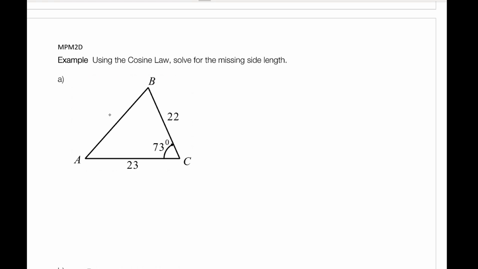So the other missing side that I'm looking for is c. It's the only side that I don't have. So I'm going to use the one cosine law formula where c squared equals a squared plus b squared minus 2ab times cosine C. You could use the a squared formula if you really wanted to, and just swap out or switch the a's and the c's.